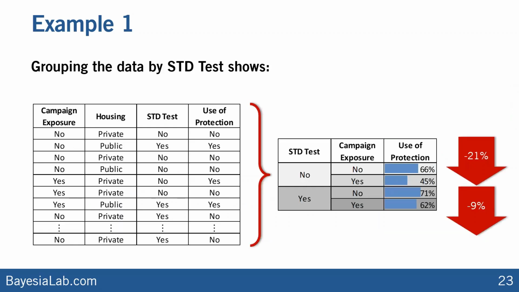It keeps going, because now we're taking the same data set and introducing the STD test as another covariate. We're stratifying on that variable. And now it looks really bad, because now the condom use goes way down in both subgroups. So it's all bad.